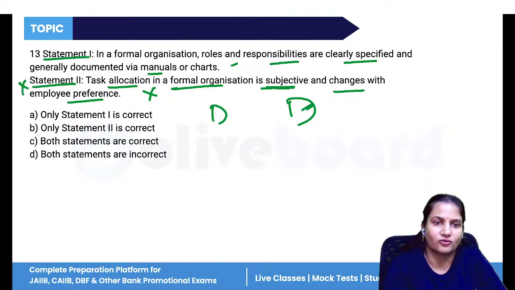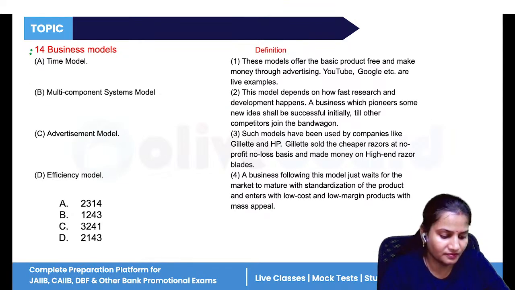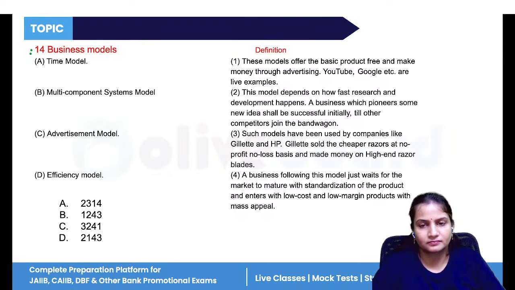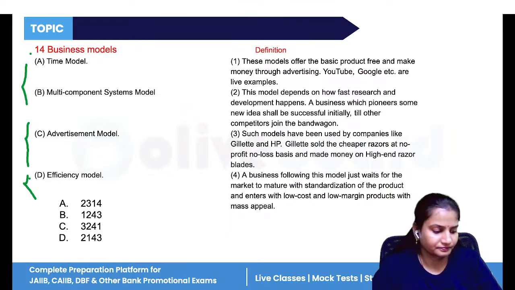So this statement is wrong. Only statement 1 is correct. Now, question number 14, again important, business models. So different business models are there and we have to match.